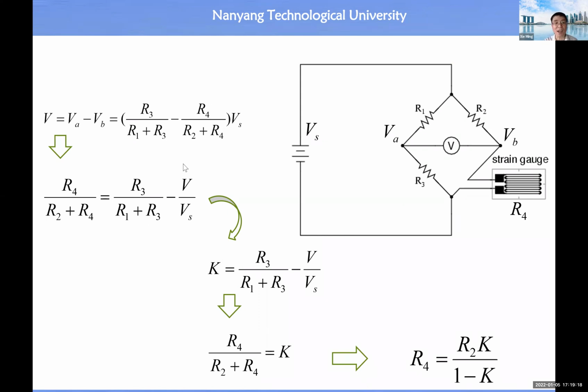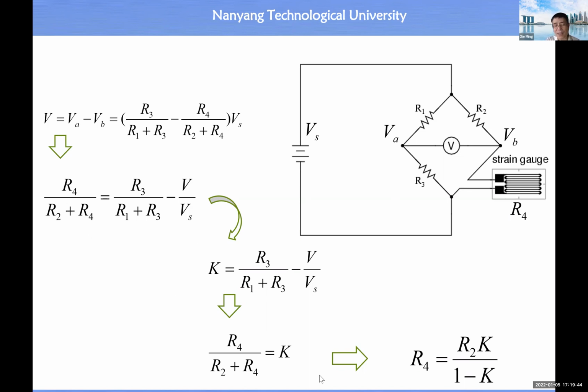Let me just shift this one toward the left-hand side, then V divided by Vs toward the right-hand side, okay? Then this one will equal to this one, okay? Then we can name this as K because R1, R2, R3 are known, okay? V is the measurement, so we just name this as K, right?